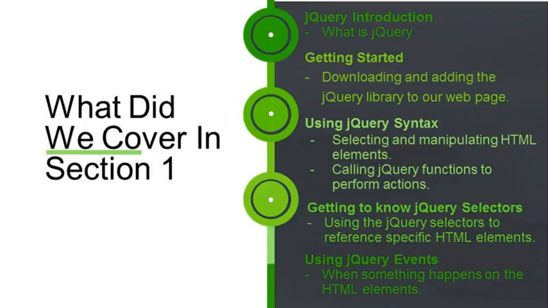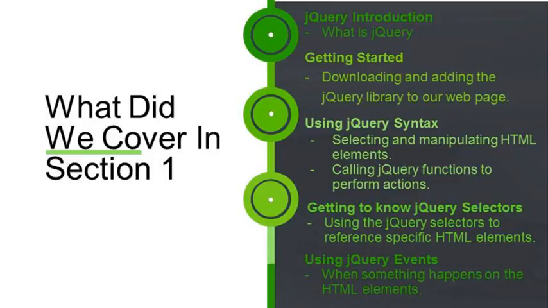So next, getting to know the jQuery selectors. We went over three primary and easy selectors that jQuery uses, also known from CSS as well. So the ID selector just uses the hash symbol followed by the name of the ID on that HTML element.